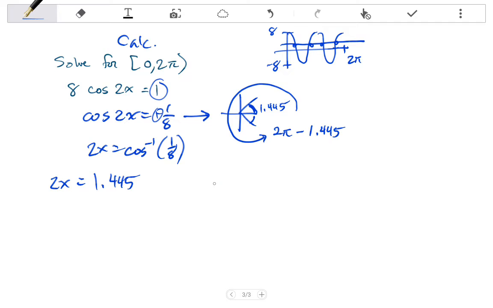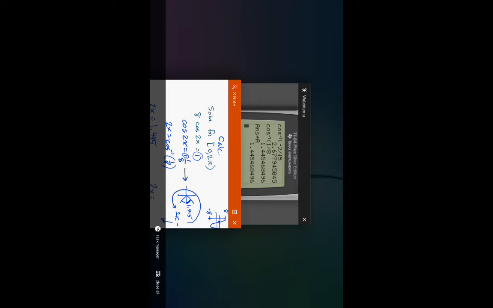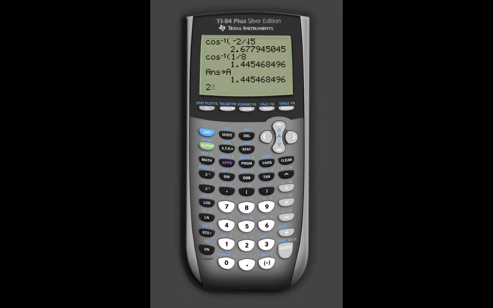Okay, so I'm going to have 2x is equal to, let's find that value, 2 pi minus 1.445. So 2 pi minus, let's do second answer, and I get 4.837.